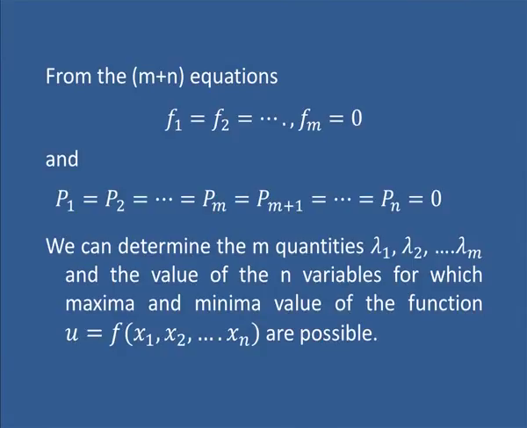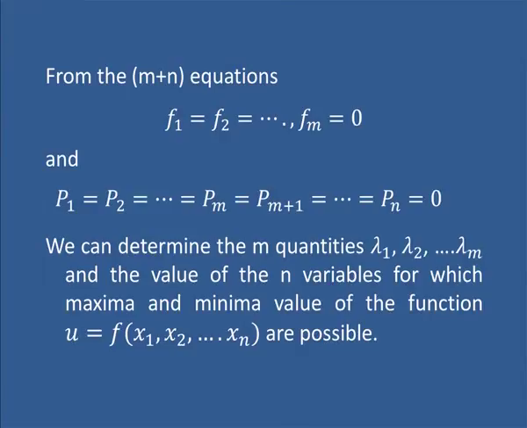From these m plus n equations, we find f1 is equal to f2 is equal to and so on up to fm, all functional values equal to 0, and also p1 is equal to p2 and up to pm, and p m plus 1 up to p n all are equal to 0.